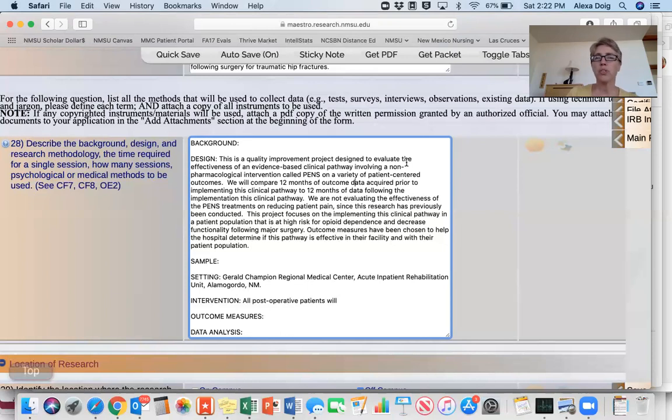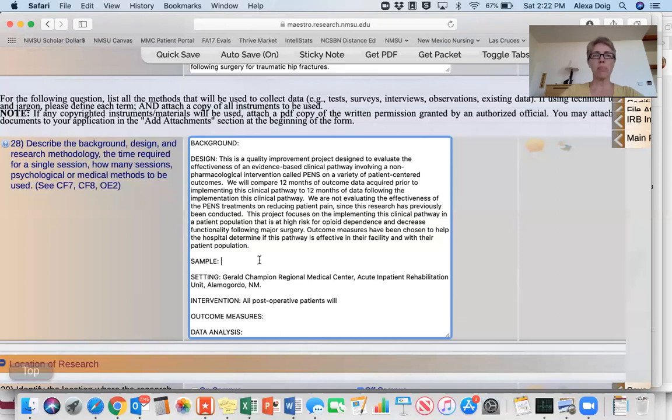This project focuses on implementing this clinical pathway in a patient population that is high risk for opioid dependence and decreased functionality following major surgery. Outcome measures have been chosen to help the hospital determine if this pathway is effective in their facility and with their patient population. So I'm trying to use a lot of the QI language or the EBP project intervention language.